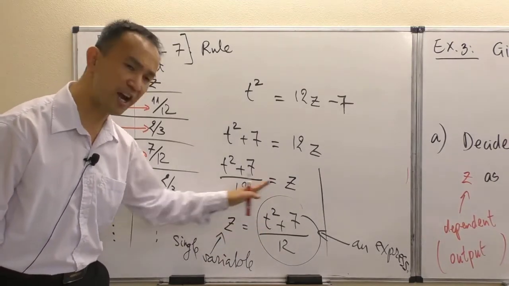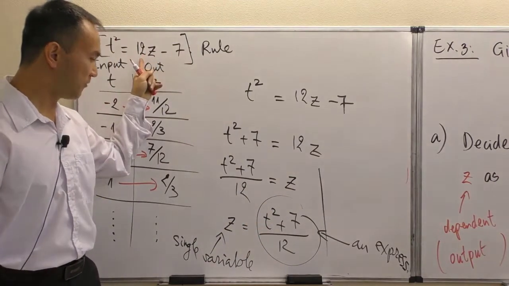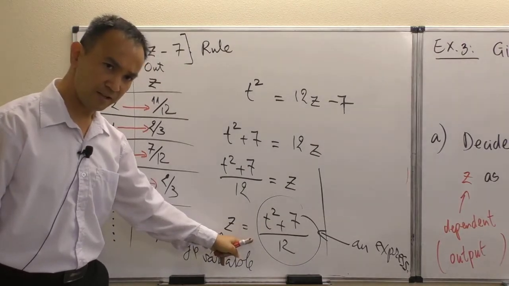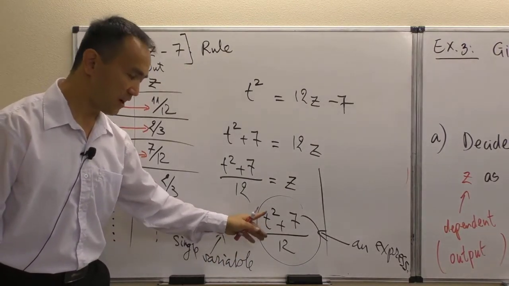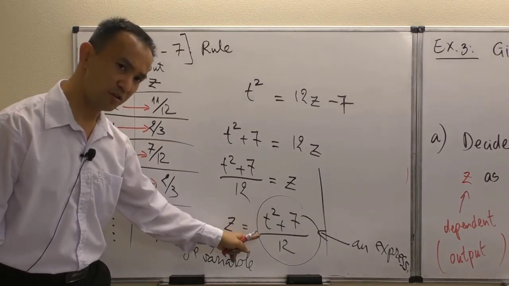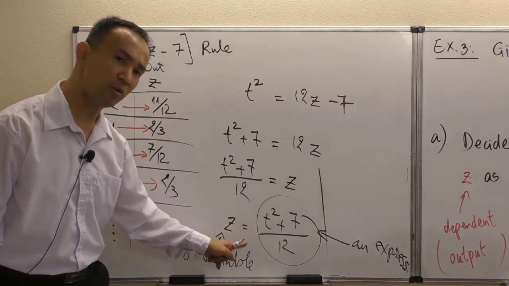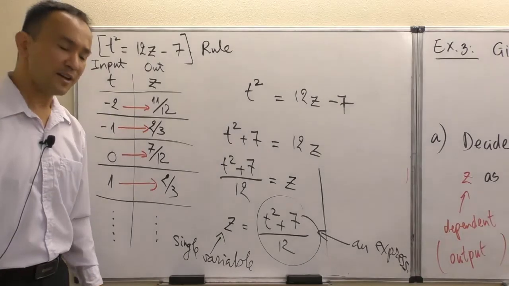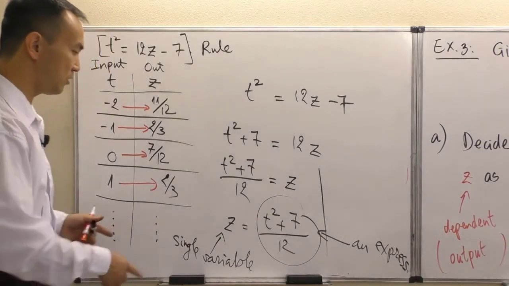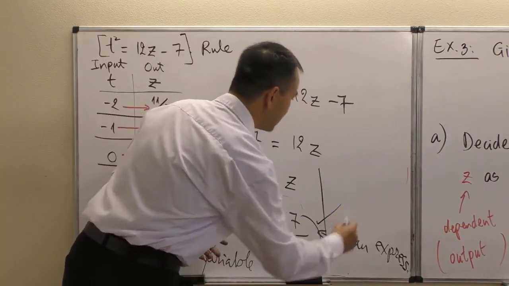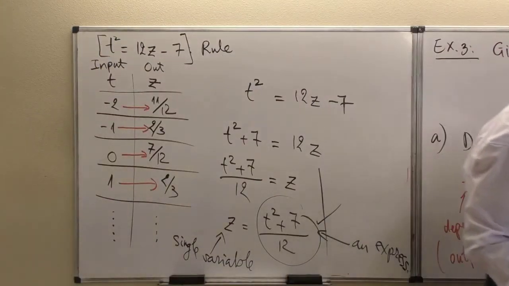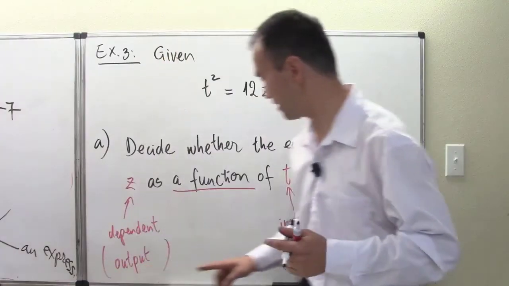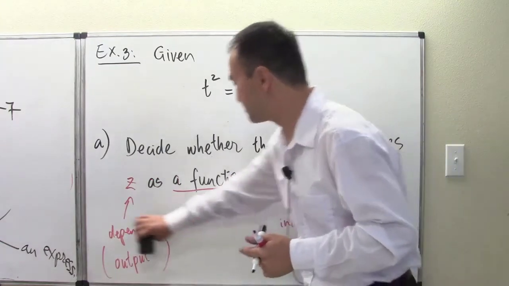As soon as you can write your equation from the beginning form into something like this, that is a way to guarantee it. In this way, you have successfully proven that decision.